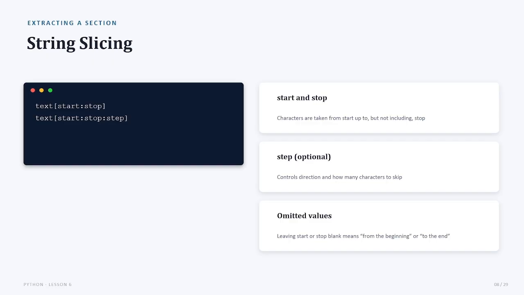Now we know how to access one character. But what if we want multiple characters? That's where slicing comes in. Slicing means taking a specific portion of a string.